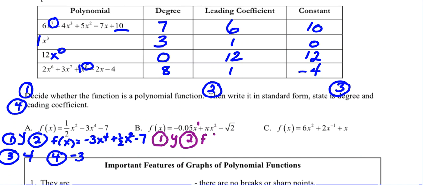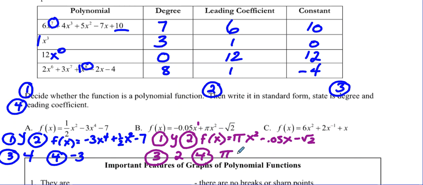So that would be f of x equals pi x squared minus 0.05 x minus root 2. And 3, let's see, degree is the biggest exponent, so that's 2, and 4, the leading coefficient comes in front of that term, so the leading coefficient is pi.